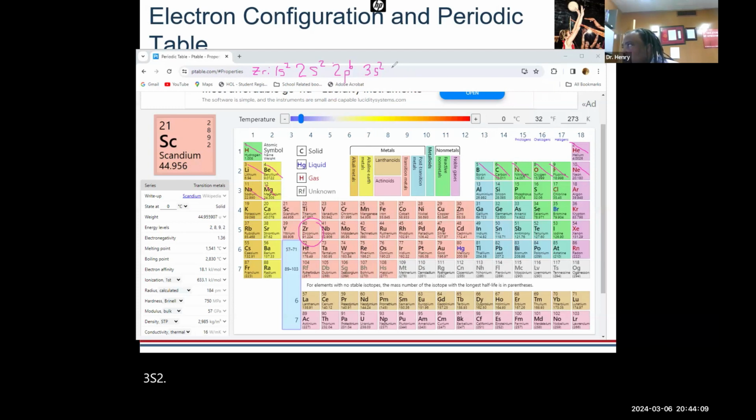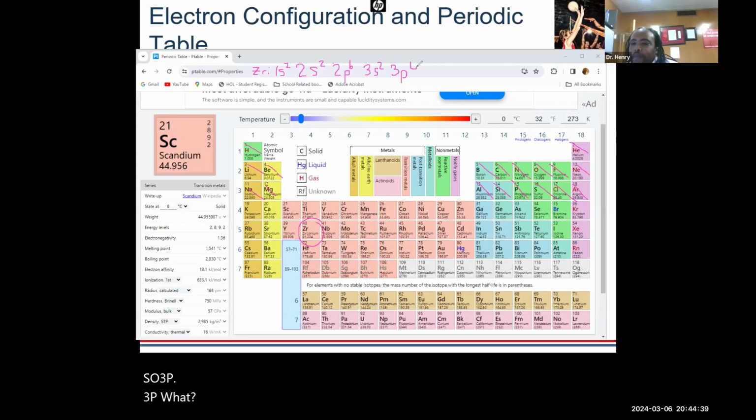And then would it be 3p1? Now we're going to zirconium, so not 3p1. Wait, where's zirconium? Yeah, we got a ways to go. So 3p, wait, 3p what?